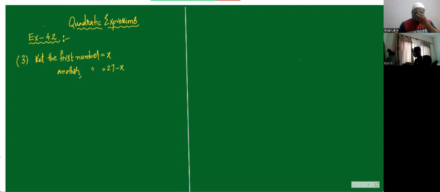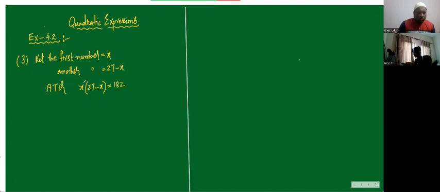Then x plus y is equal to 27, so y is equal to 27 minus x. According to the question, the product of these two, x into 27 minus x, must be equal to 182.